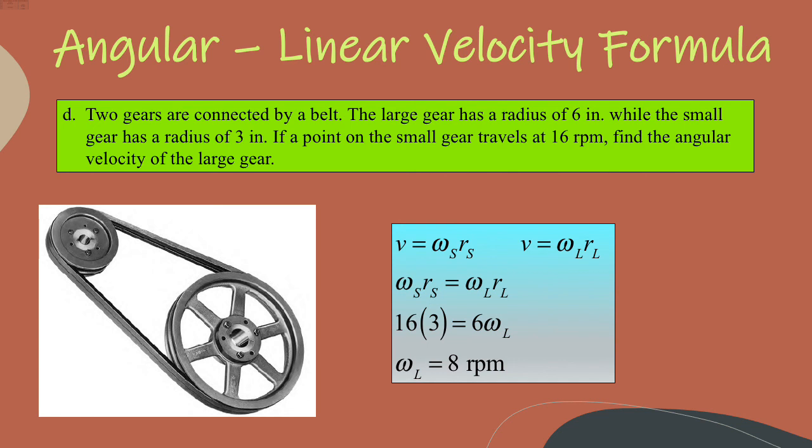And plugging in the given information, omega S is 16 and the radius of the small gear is 3. The radius of the large gear is 6, and we do not know the omega of the large gear. So we get 16 times 3 equals 6 omega L, and therefore omega L is equal to 8 RPM.